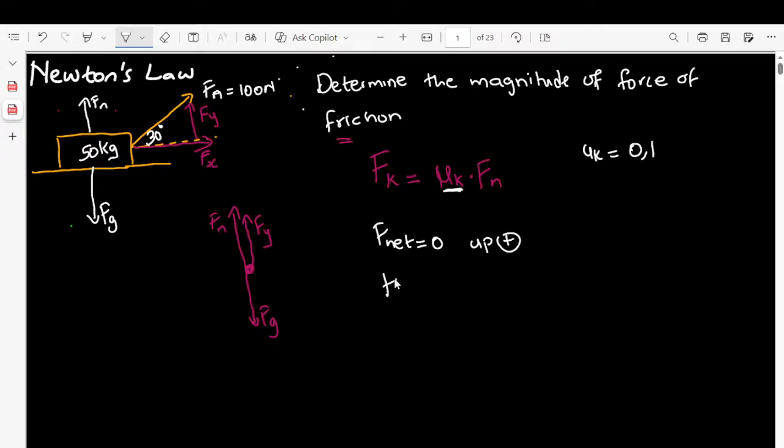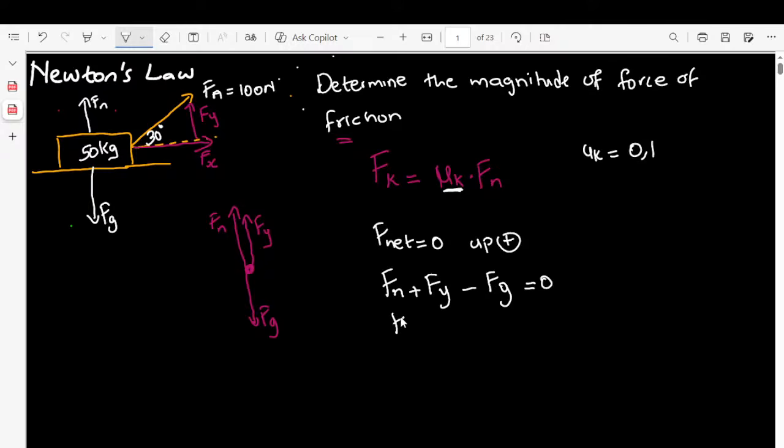So this will be my Fn, which we need to add to what? To Fy. Then we need to subtract all the forces that are going down. So we're going to subtract Fg and equate this to 0. What is the aim? The aim is to find normal force. So we need to do what? We need to isolate this.